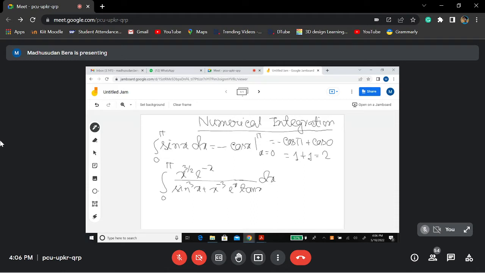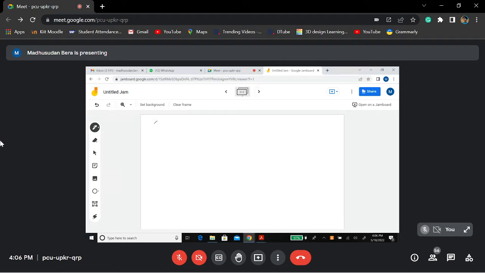If you remember, suppose we have to integrate a to b f x dx. If we get a function g such that the derivative of g x equals f x, then this value will be g b minus g a.